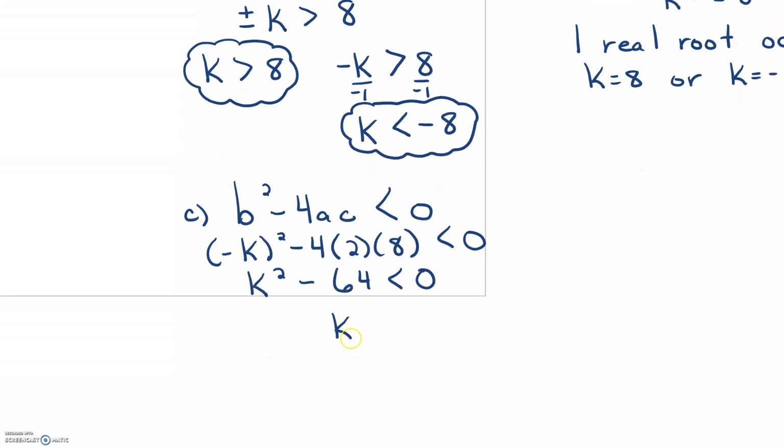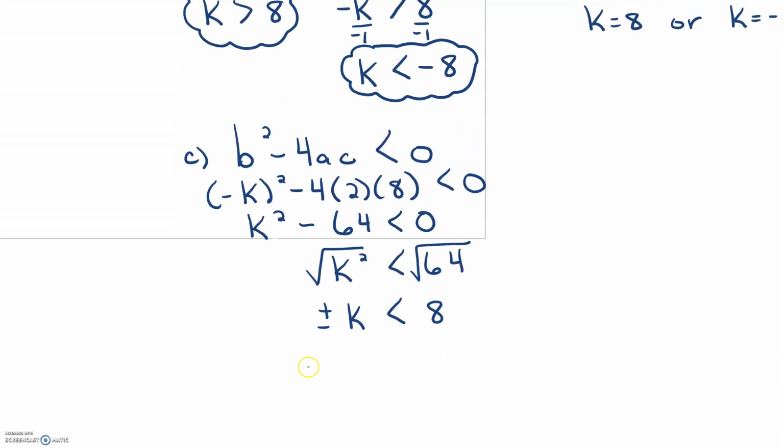At this point, k squared is less than positive 64. Remember, again, in this case, we can't do the square root of negative 64, so we're going to put a plus or minus in front of the k. 8. So positive k is going to be less than 8, or we're going to have negative k, which is less than 8.